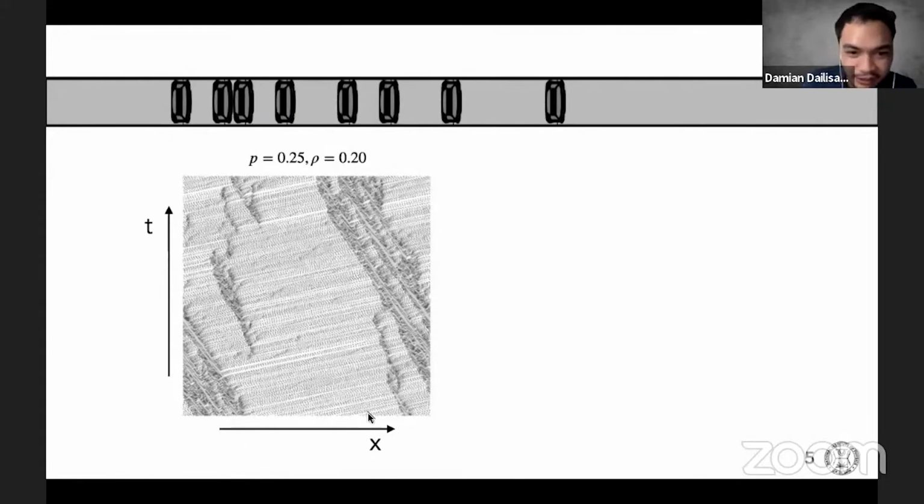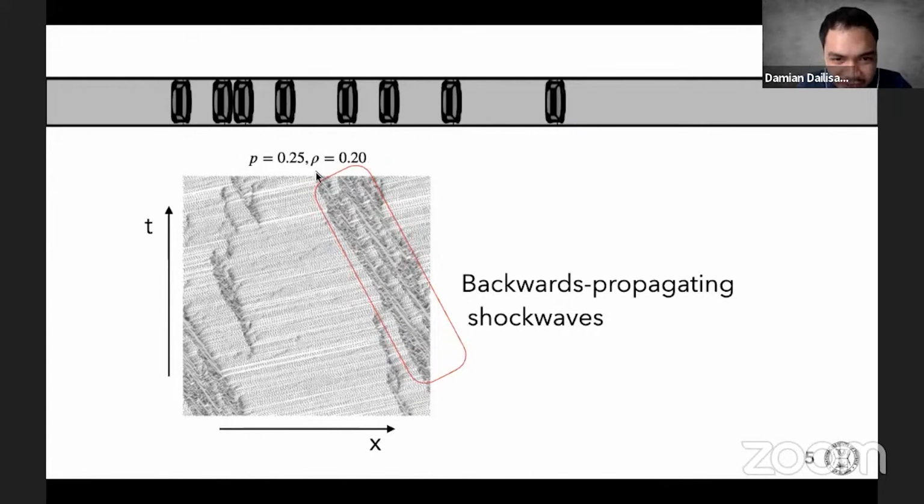And each dot on the diagram represents vehicles on the road. And then we can see these regions where you have these diagonal dark bands. And these dark bands are actually backwards propagating shock waves. These are the phantom traffic jams that we observed in the previous experiment on the giant ring.